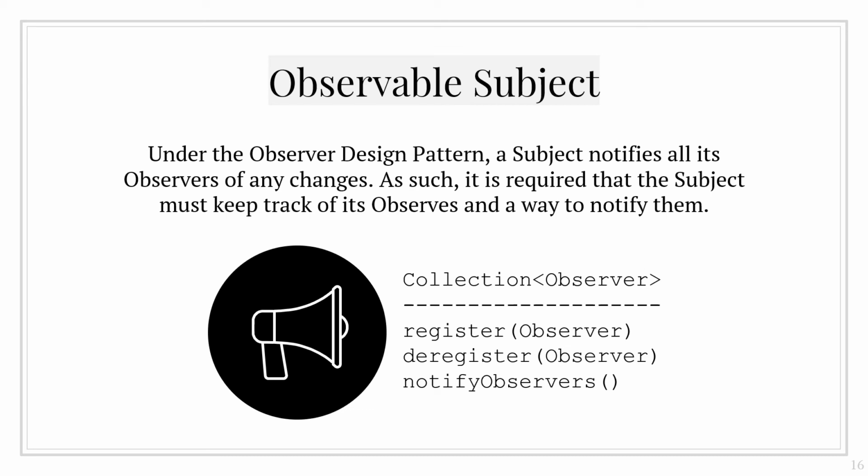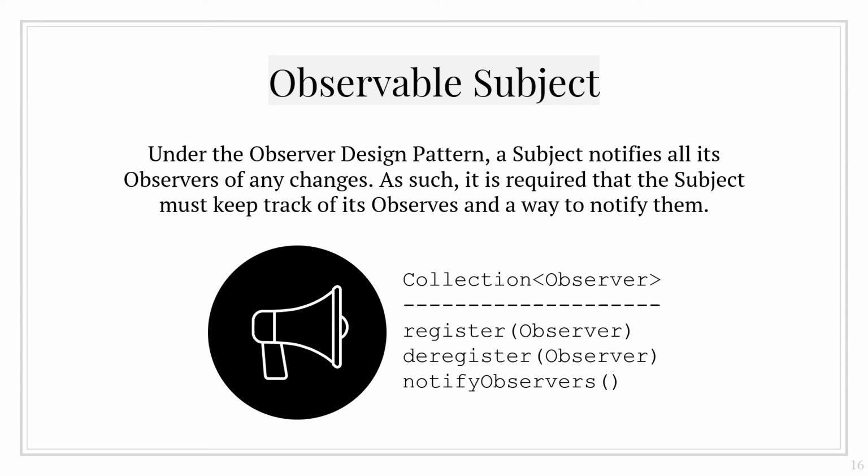The subject must have some sort of list or collection of all of its observers so that when an update happens, it knows who to notify. Of course, this means there's a way to add and remove observers from this collection, and that's why there's a register method to add an observer and a deregister method to remove an observer to the subject's collection of observers.